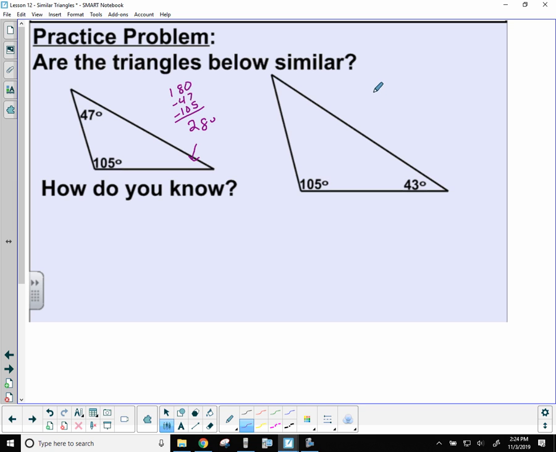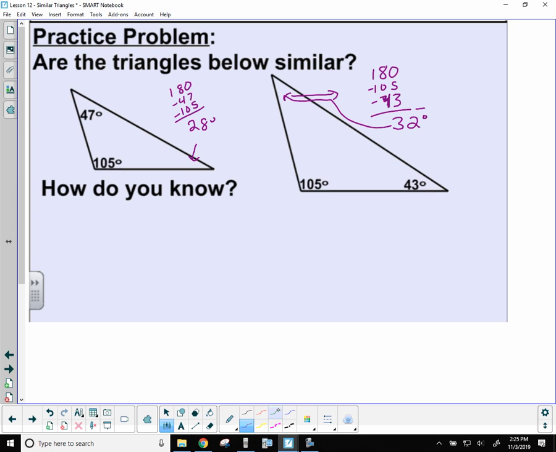So already we're starting to see it fall apart. But just for kicks and grins, let's see what this one is. 180 minus 105 minus 43. And we get 32. I don't know why the slate doesn't want to keep up with all the math I'm doing.